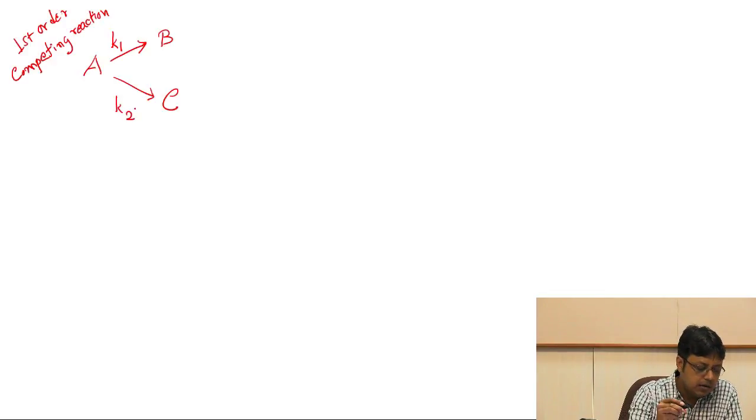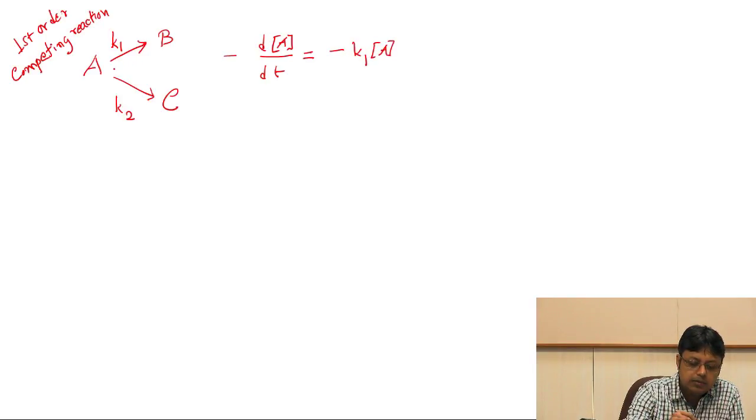Now you can easily figure out the kinetics of the integrated rate law with respect to A. We can write minus dA/dt, remembering that nu A is 1 in this case, so we are taking 1:1 stoichiometry. The dA/dt is minus K1 times A for the path where A forms B, minus K2 times A for the other path where A forms C. So it is minus (K1 plus K2) times A.